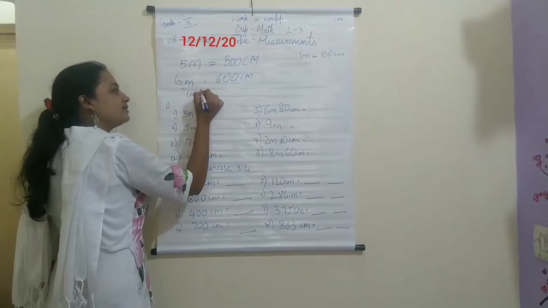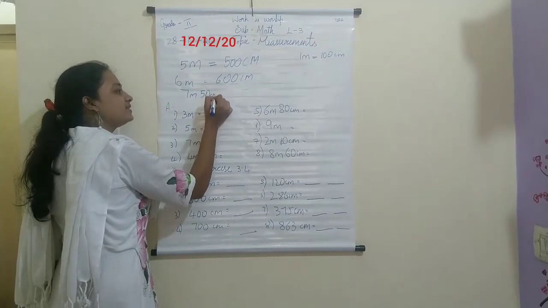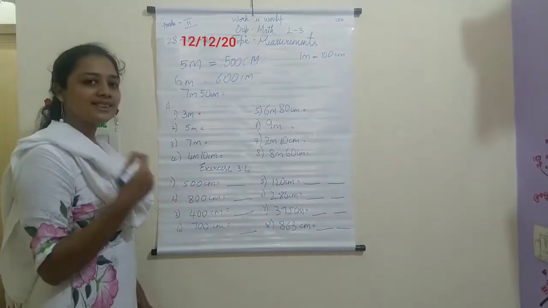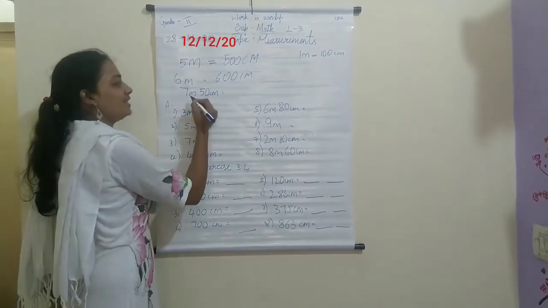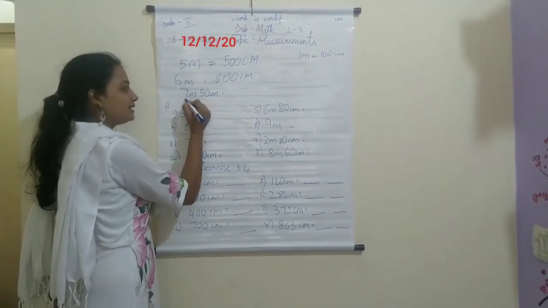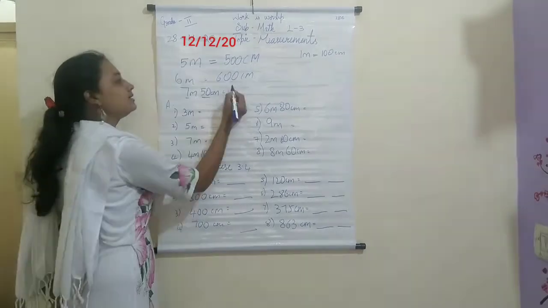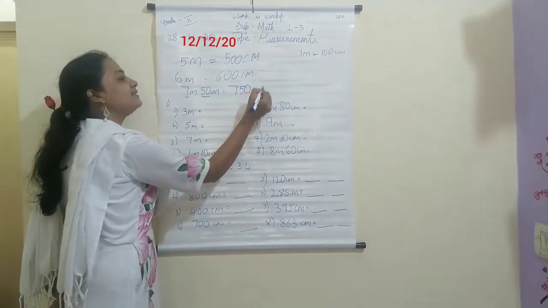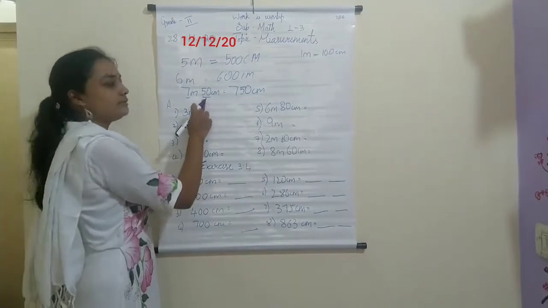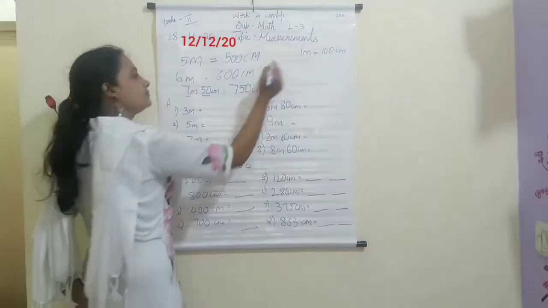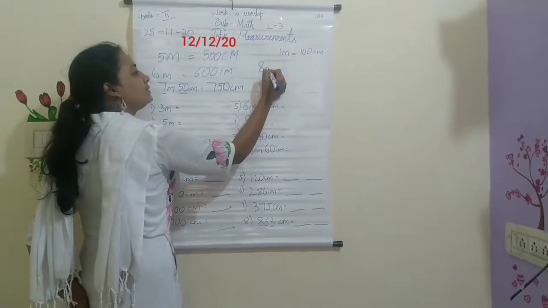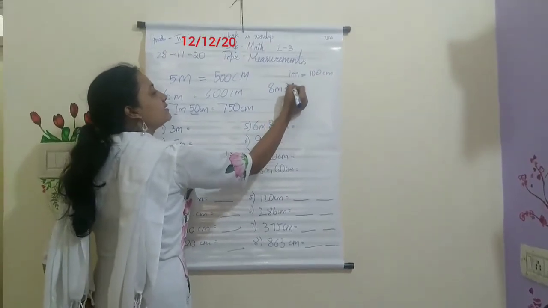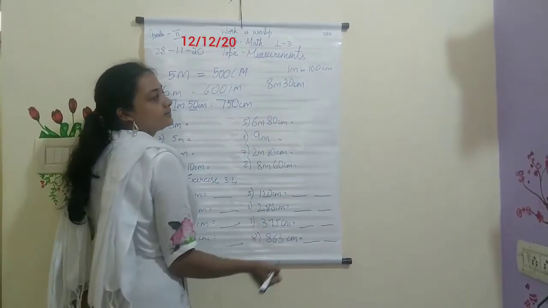7 meters, 50 centimeters. How will I write this? I am just going to simply write 750 centimeters. Let me show one more example of this type. 8 meters, 30 centimeters.